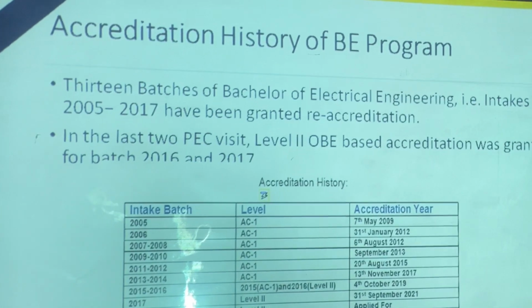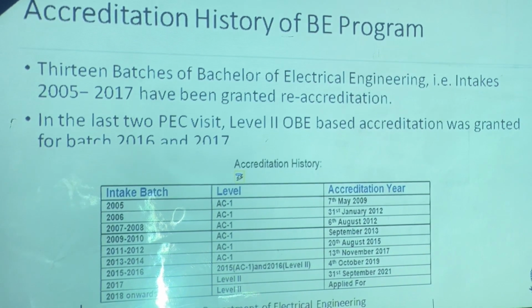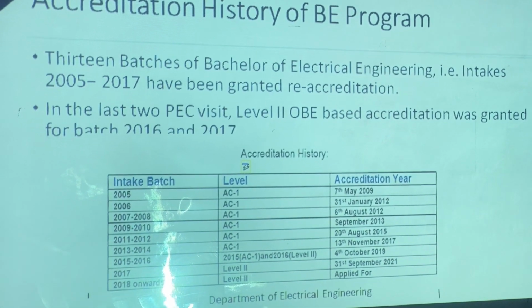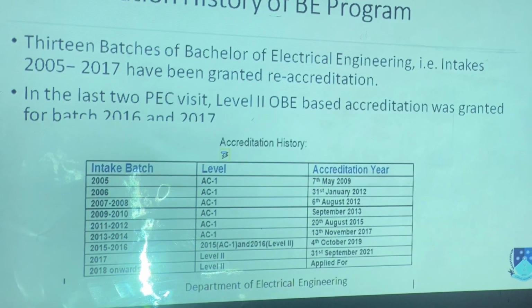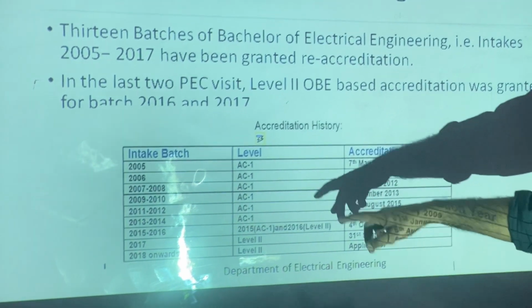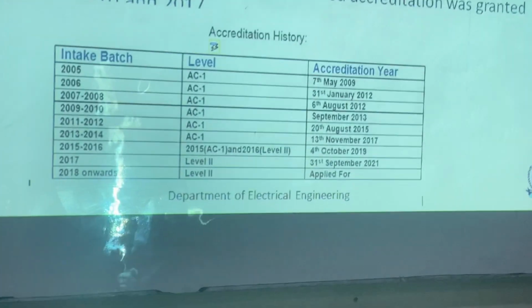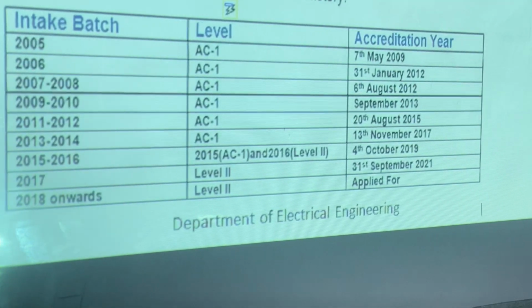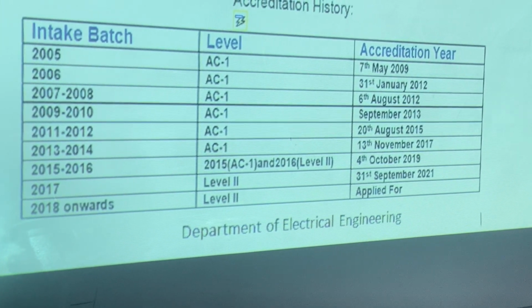This is actually the accreditation history of our department. We had our first intake batch in 2015, and this was accredited by AC1, which is the level 1 accreditation, like the conventional engineering accreditation program.